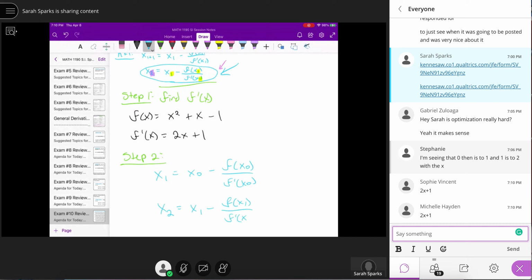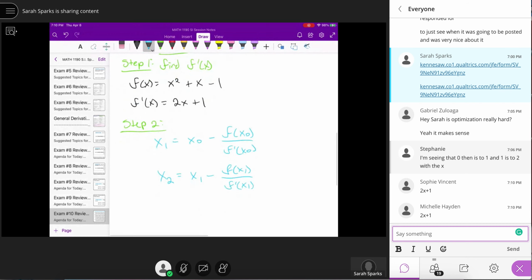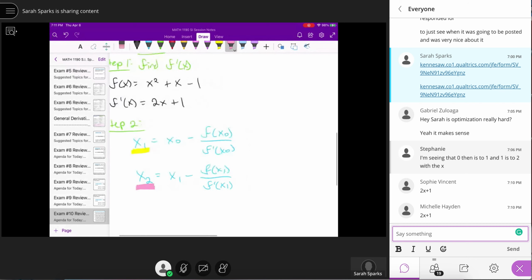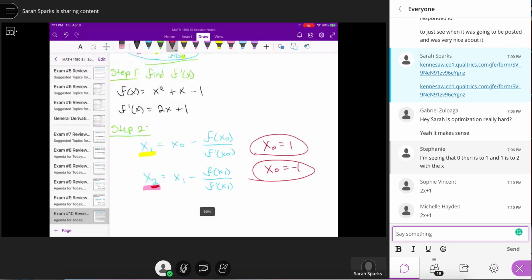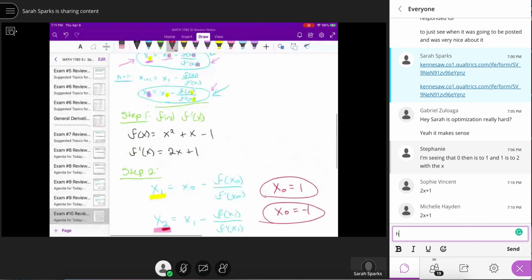So that means first we're going to have to find x1 before we can find x2. And we know what our x naught is, right? We know that x naught is either going to be positive 1 or negative 1. Meaning that we are going to find two different values for x2. And we have to do this process twice. Does that make sense so far?